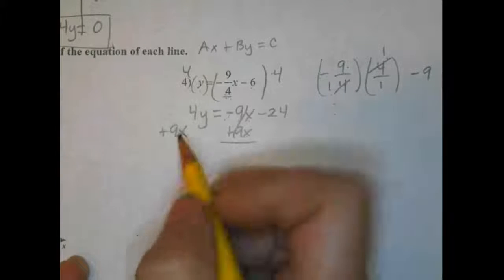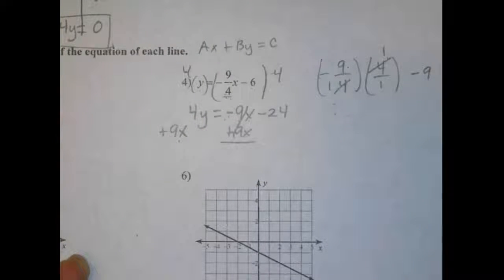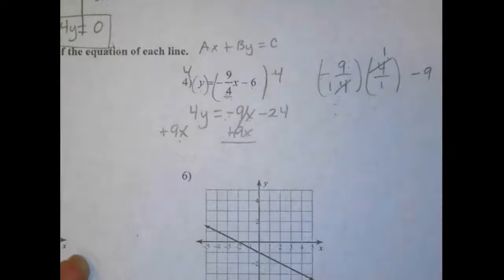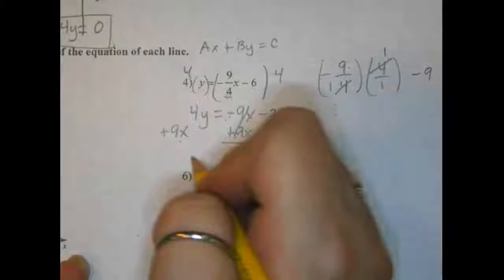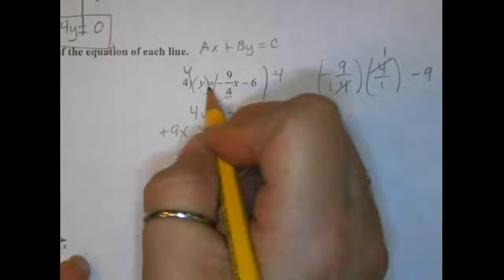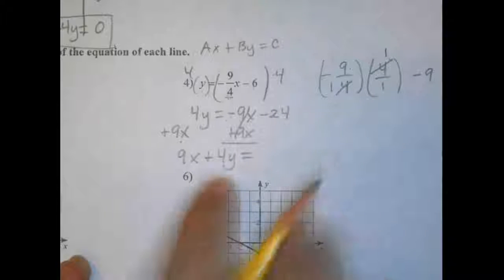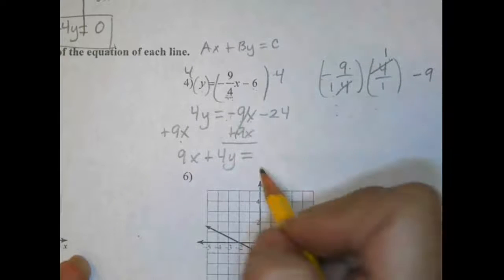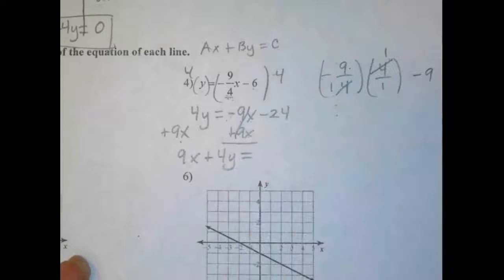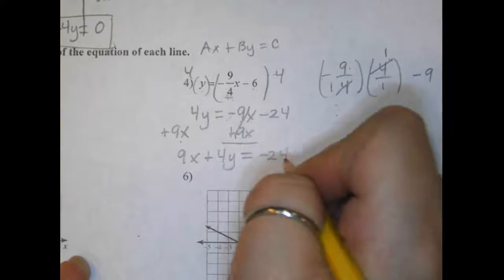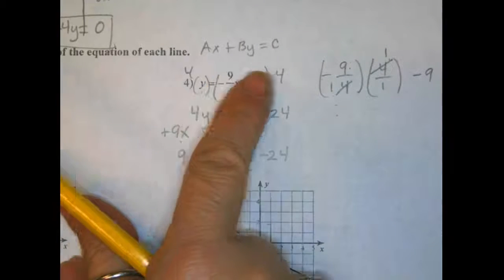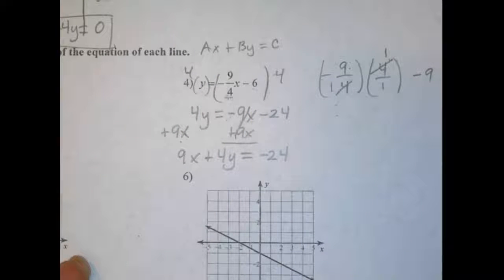So my new equation now, what am I going to write first? 9x or 4y? 9x plus 4y. Remember, I want my y to be positive, so it's still positive. This is good. And what is it going to equal? Do I now have it in ax plus by equals c format? I have two requirements.